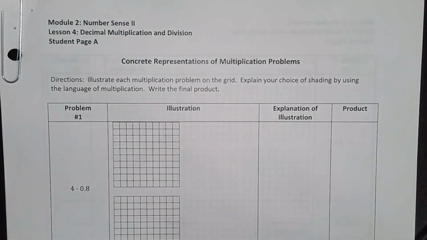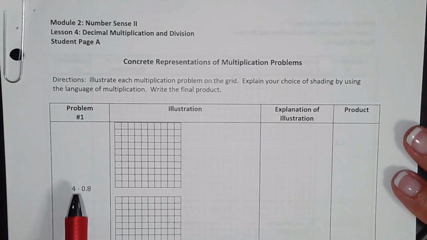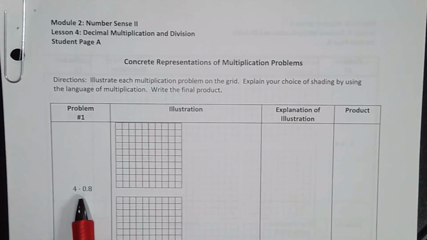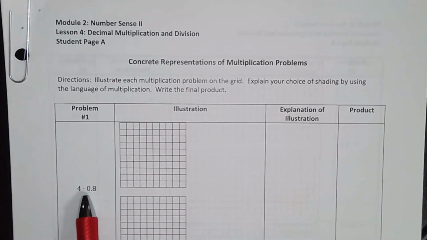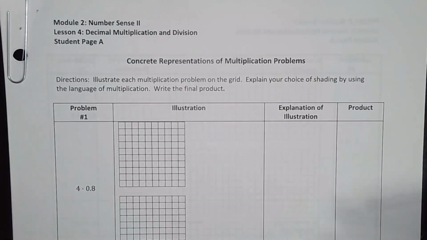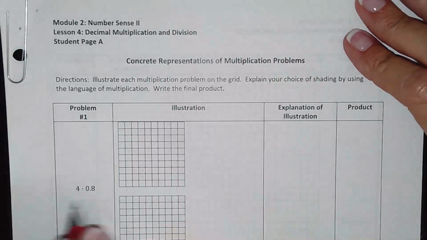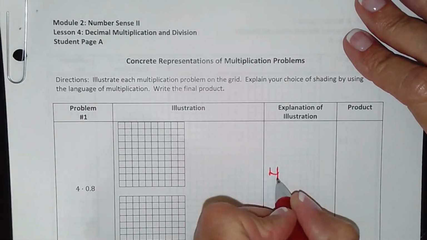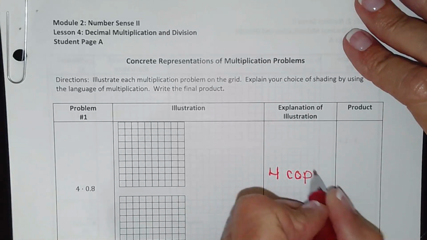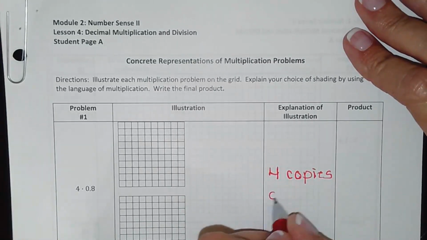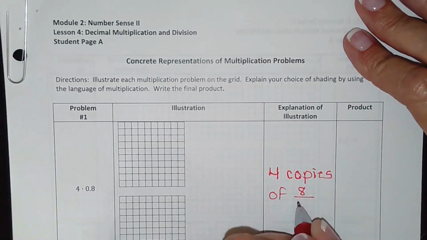Just do the algorithm. So do you remember when we learned in module 1 actually, that multiplication can be read as copies. So this is 4 copies of 8/10.